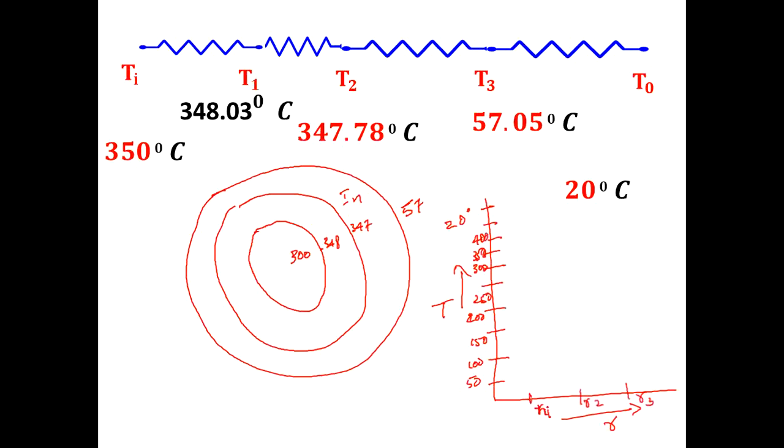Temperature at hi, at R1, R2, R3, h0. Temperature is 350. Next you get 348, like this, 347, only 347. See here, drastically it is reduced to 57, then 20 degrees Celsius. You can plot the graph.